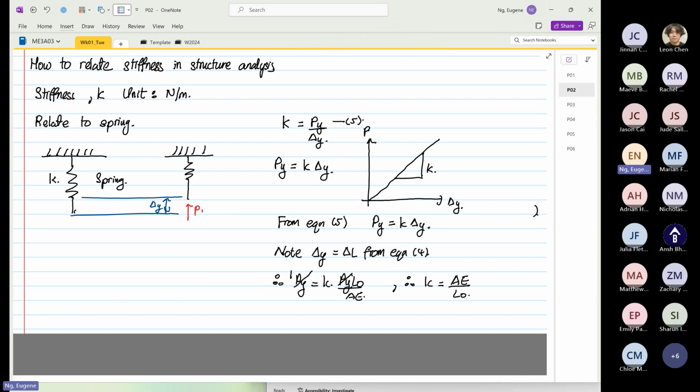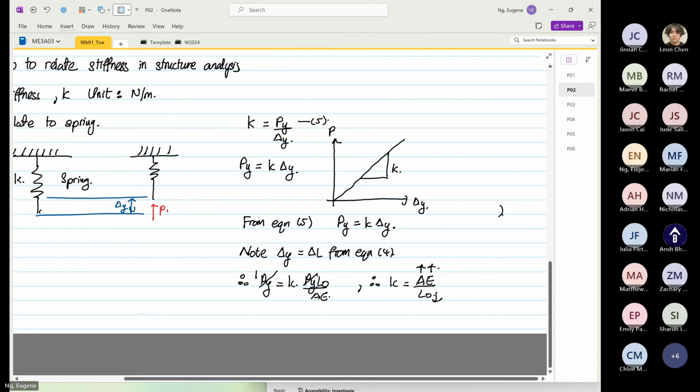So the stiffness of the structure is a function of the cross-sectional area, Young's modulus, divided by what? L naught. The higher your cross-sectional area, the higher your Young's modulus, the smaller your L naught, the stiffer is your structure.